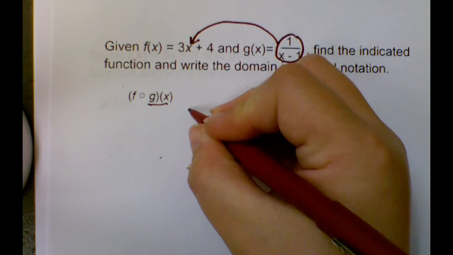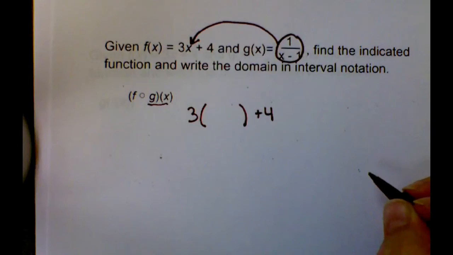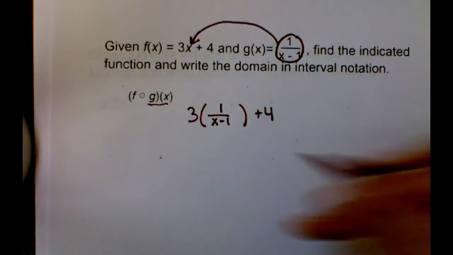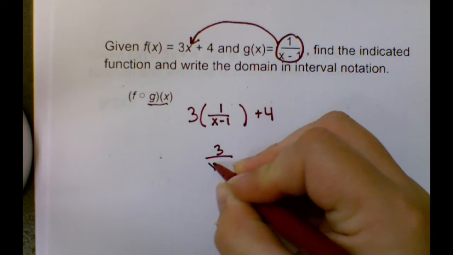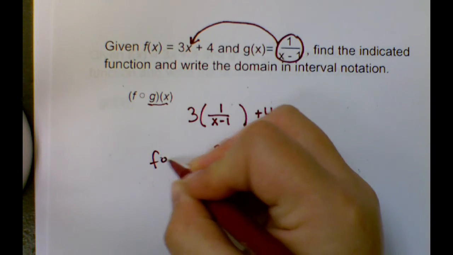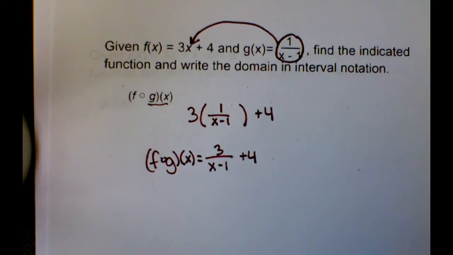So I'm going to take 3 times g of x plus 4. g of x is 1 over x minus 1. The only simplifying we can do is to make that 3 over x minus 1 plus 4. So f of g of x is 3 over x minus 1 plus 4.